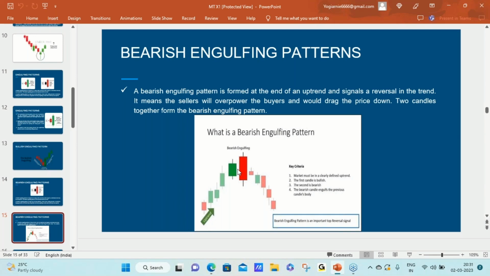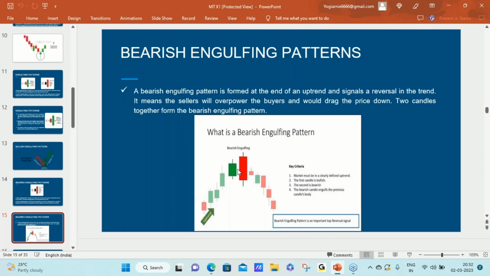bearish engulfing is very similar to inverted hammer in terms of prerequisite as well as functionality. It's very similar. In place of one candle, you can have two candles. Is that clear?